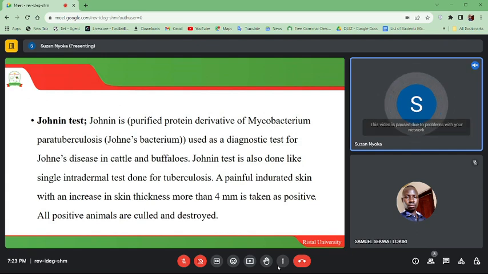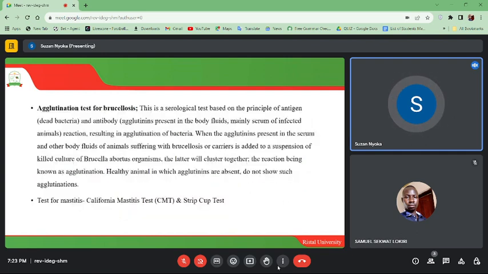A painful indurated skin with an increase in skin thickness of more than 4 millimeters is taken as positive. All positive animals are culled and destroyed. Yeah, you also need to conduct this Johnin test frequently. And then agglutination test for brucellosis.